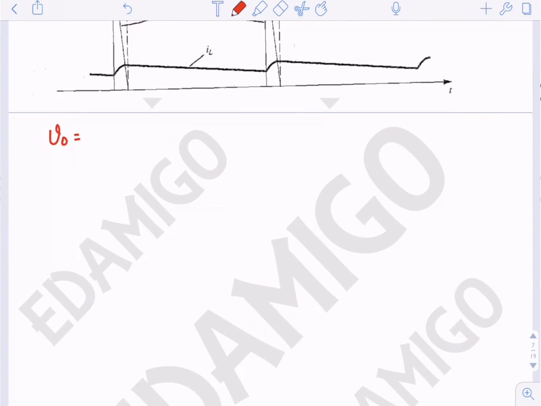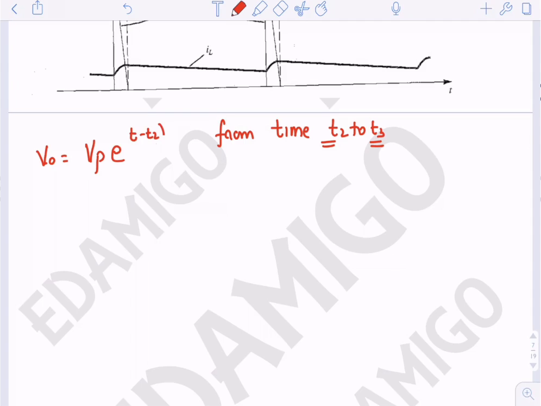So the output voltage has the equation of discharging capacitance, that is Vp e to power minus t by RC, from time t2 to t3. Since this time ranges from t2 to t3, this equation will be written as Vp, that is maximum voltage, e to power minus (t minus t2) divided by RC.